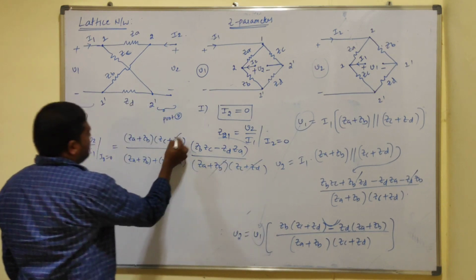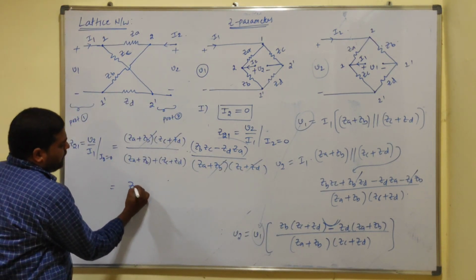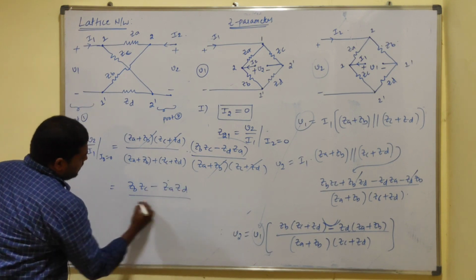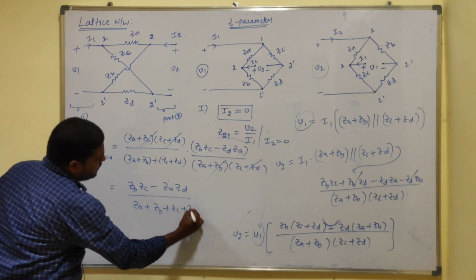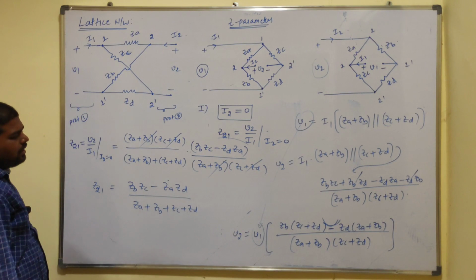So this one cancels. Now we will get ZB into ZC minus ZA into ZD by ZA plus ZB plus ZC plus ZD. So this is your Z21 value, right?